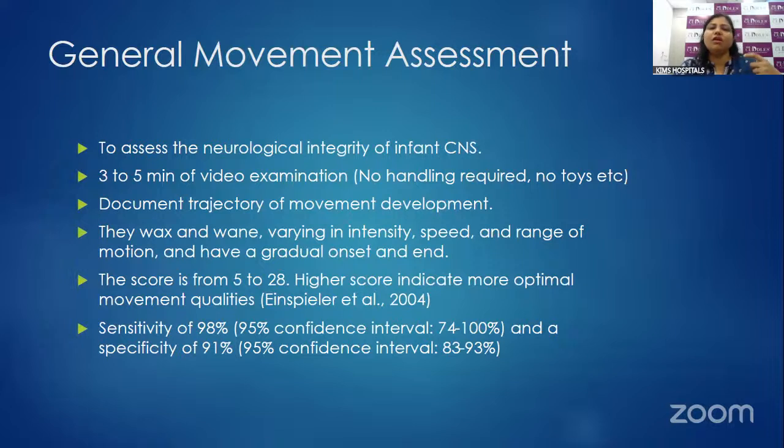So basically you are mostly seeing the quality of the movement, and its sensitivity rate is very high. Specificity rate is also around 91%. So when you are performing the general movement assessment, you will get a very nice picture about the child's neural and motor part.